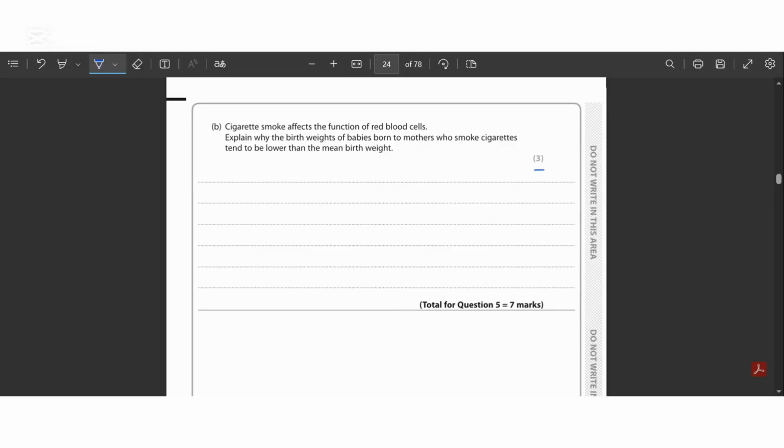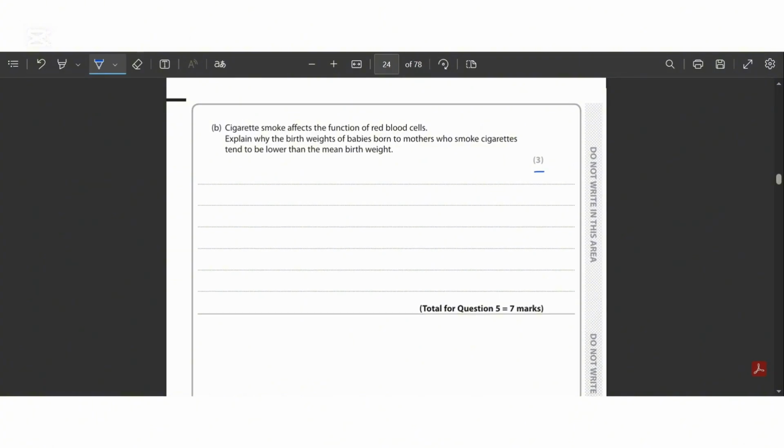Hence, the oxygen is not transferred to the cells properly, which means that fewer cells are getting oxygen. And when carbon monoxide binds to hemoglobin, it forms carboxyhemoglobin, which is irreversible. It cannot be reversed back to carbon monoxide and hemoglobin. And this means that less aerobic respiration takes place.